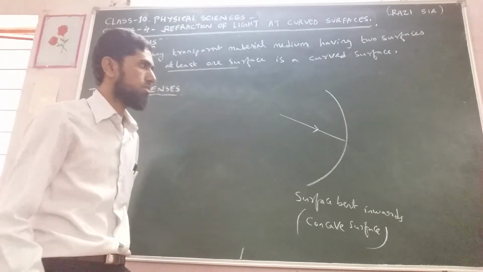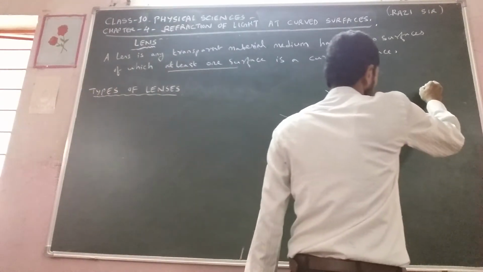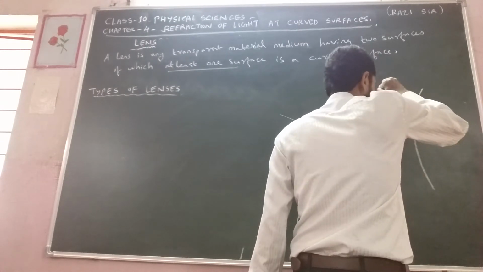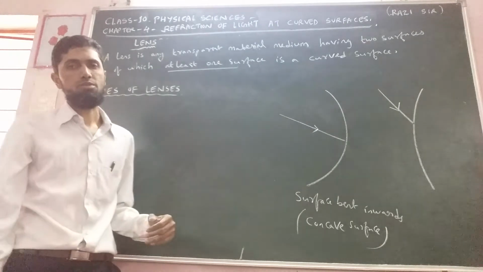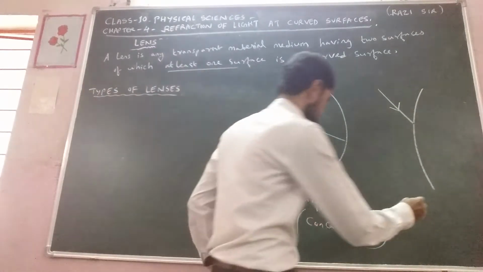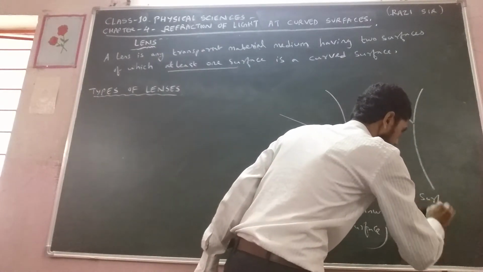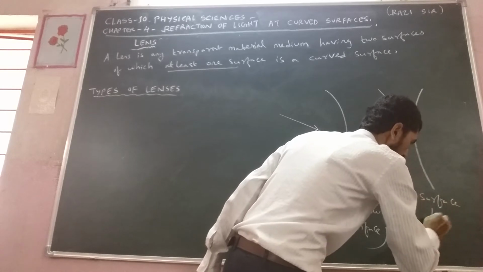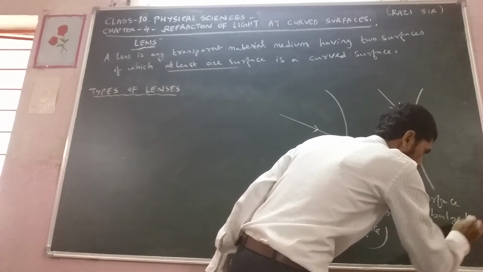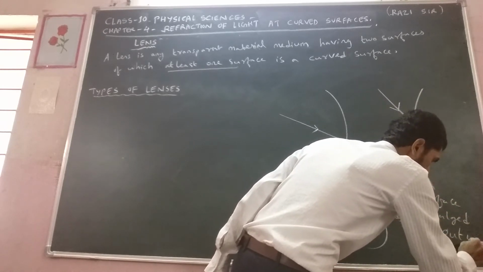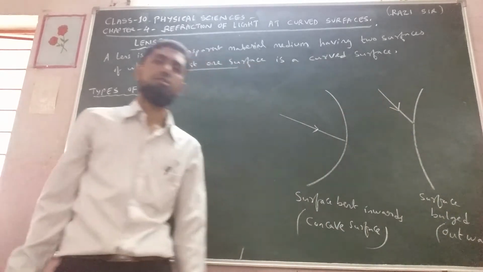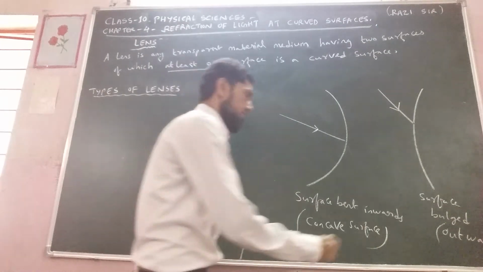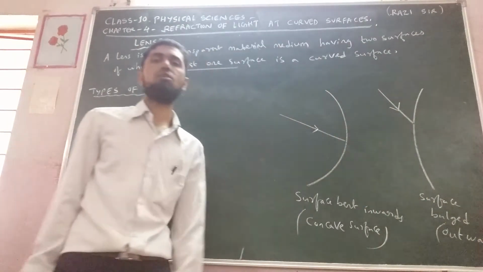Now if I have any surface which is coming out, bulged outward, the word bulge itself indicates outwards, that surface is called a convex surface.